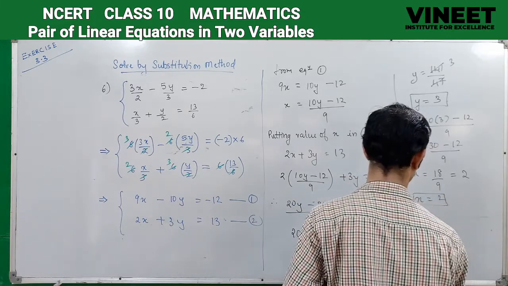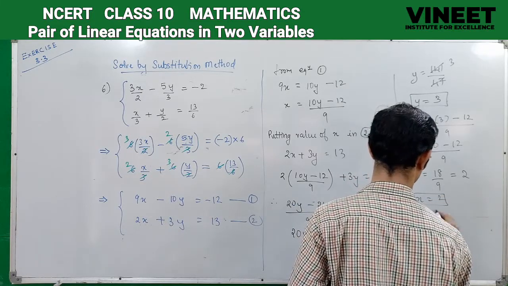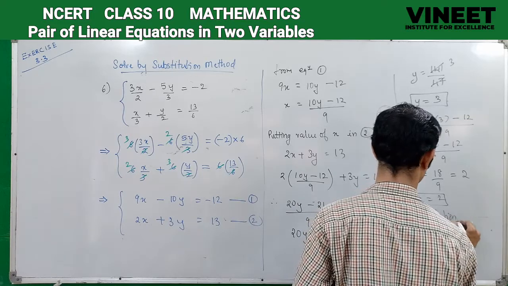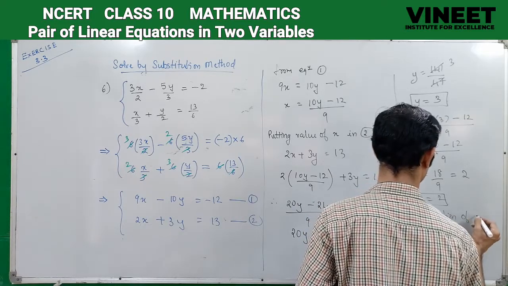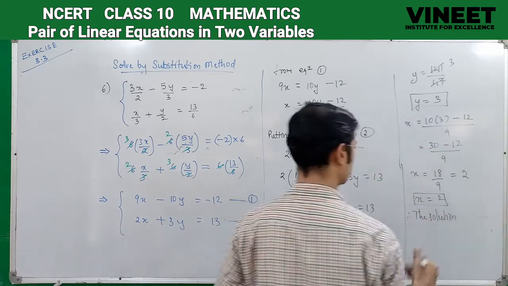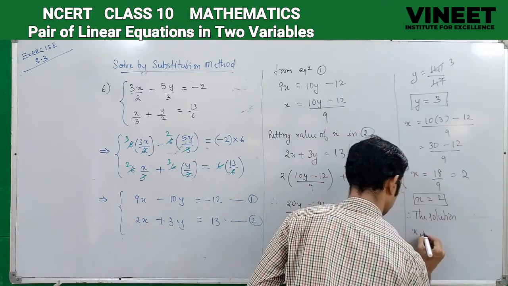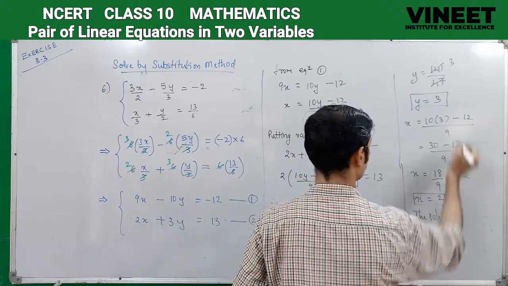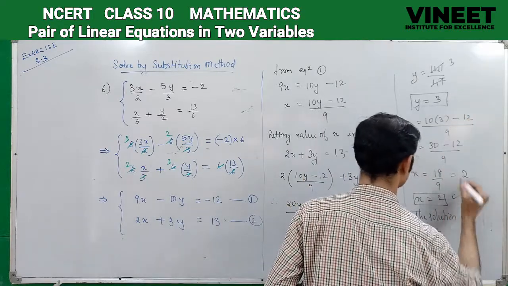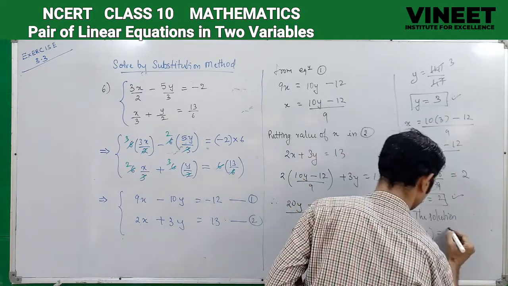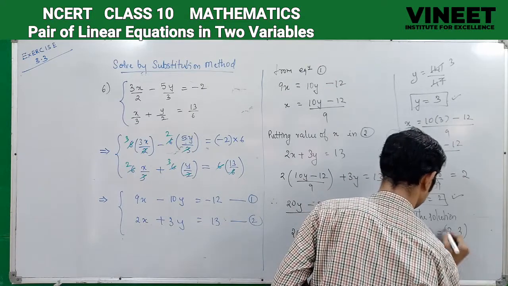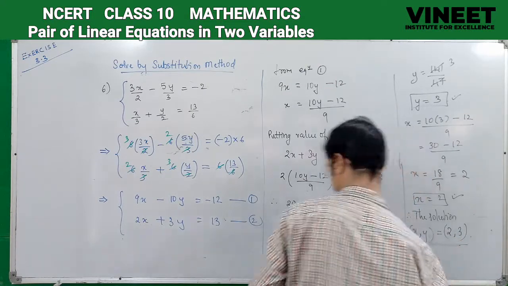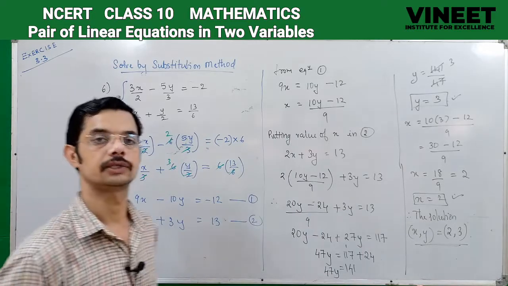Therefore the solution of the given equations is x comma y equal to 2 comma 3. This is 2 first and then 3. This is your final answer.